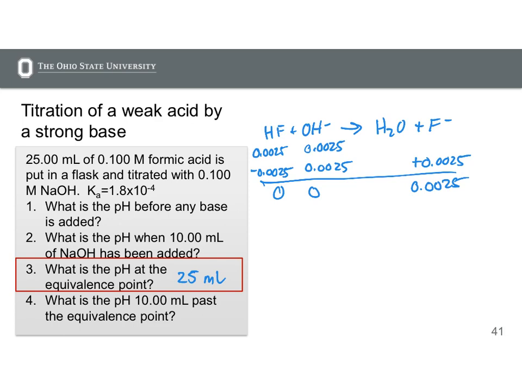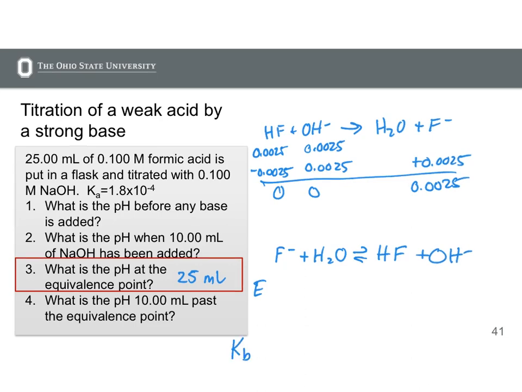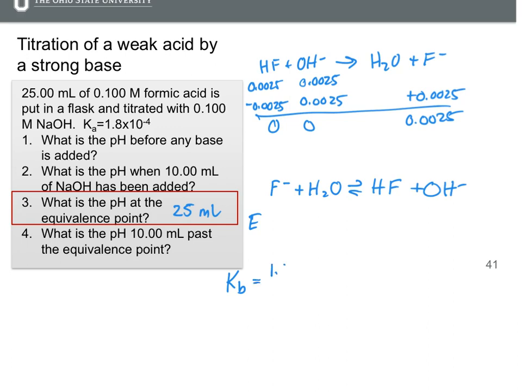Okay, so we've got moles of F minus. We're going to want concentration because we're going to use the equilibrium of F minus in water, and we're going to use an ICE table. And because F minus is the conjugate base of the weak acid, we need to find Kb. We were given Ka, but we need Kb. I'm getting a little bit ahead of myself here.